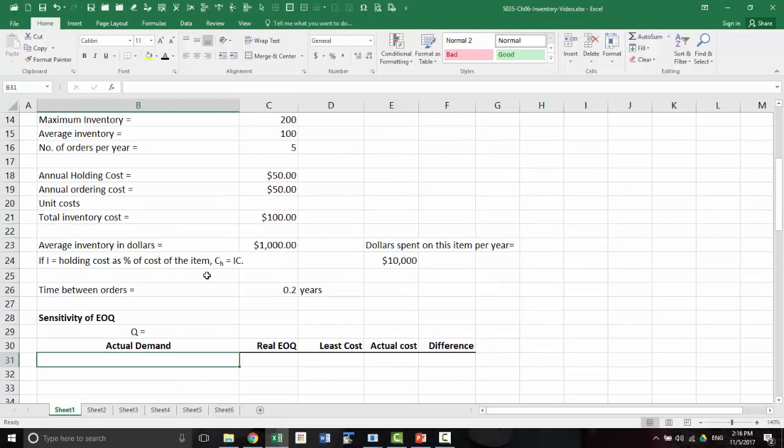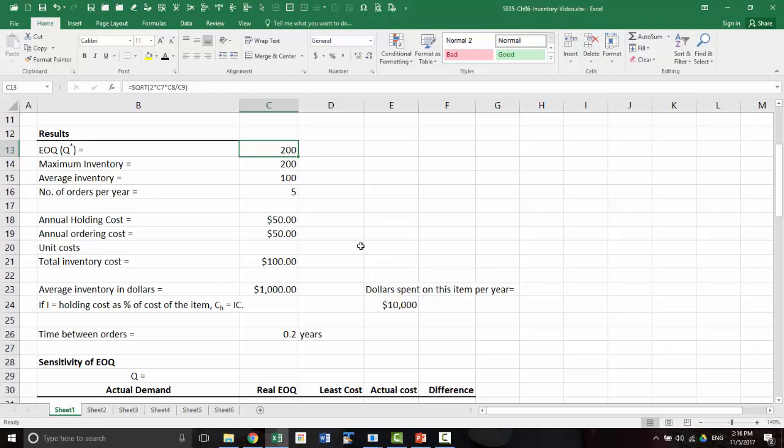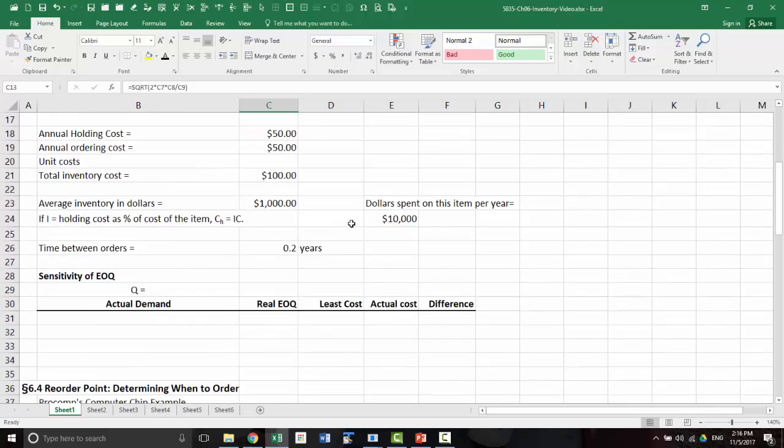So here the example that we worked on was this, right? 1,000 demand, $10 ordering cost, 50 cents holding cost, and we got an EOQ of 200. Suppose instead of 1,000, the demand rate was actually 500.